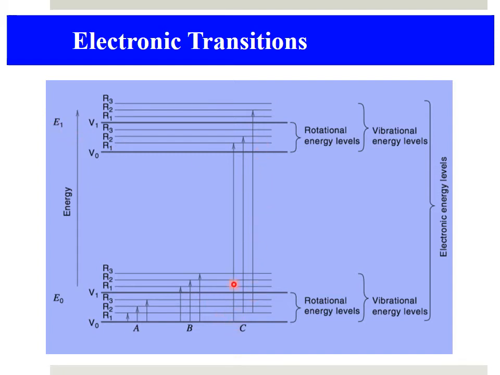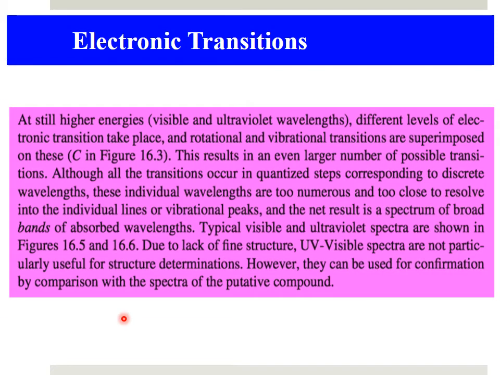Obviously, the energy required for this transition is higher than that required for vibrational or rotational energy levels, and this occurs in the UV visible region of the electromagnetic spectrum.